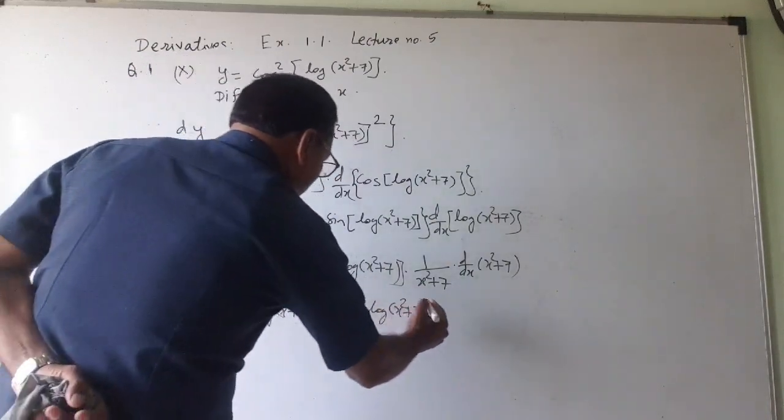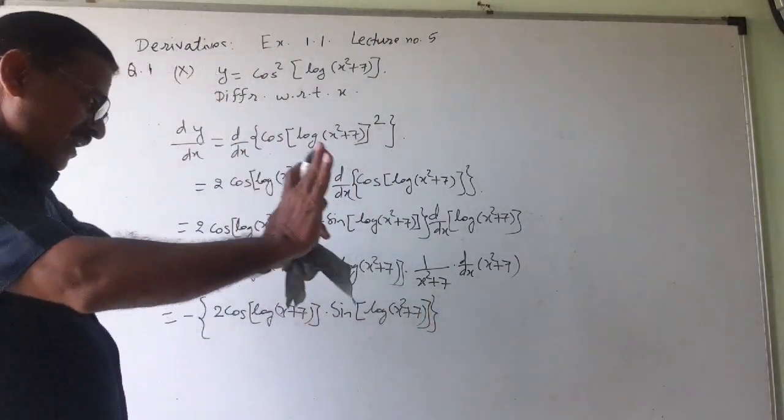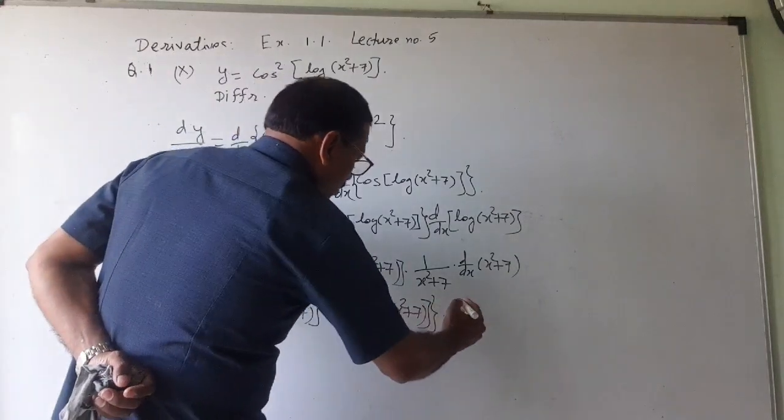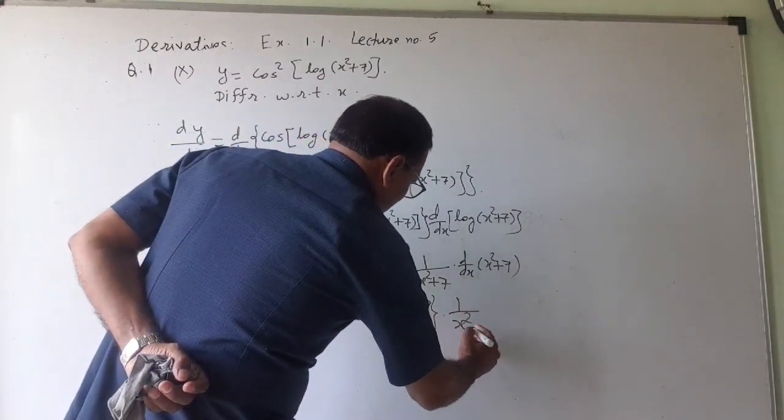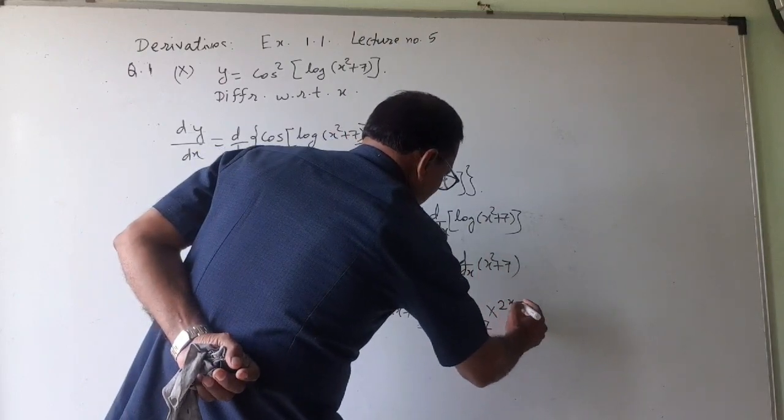Okay, this bracket I will close here. There was no necessity for the bracket, but I am putting the bracket, into 1 upon x square plus 7 into derivative of this is 2x plus 0.